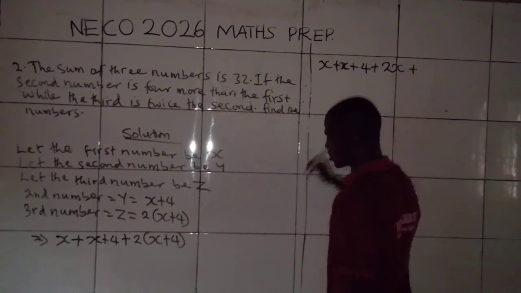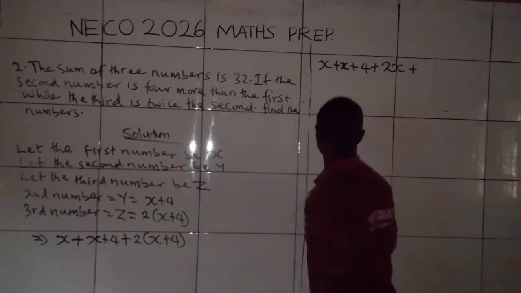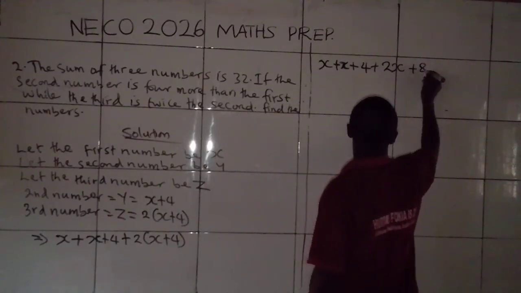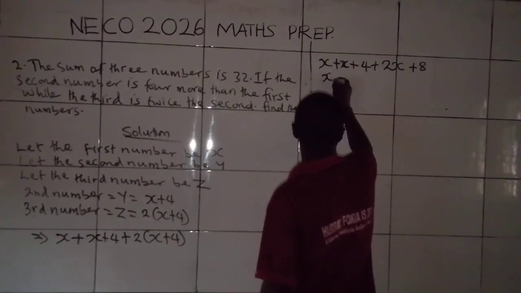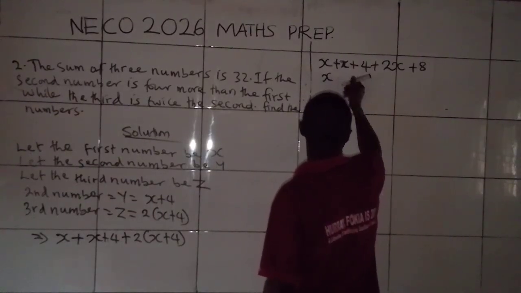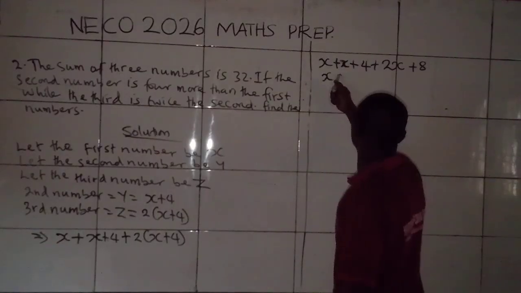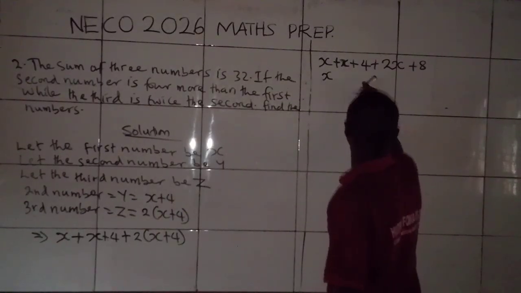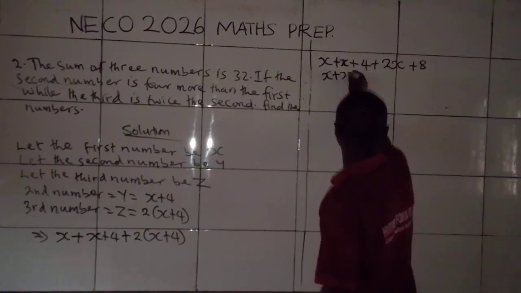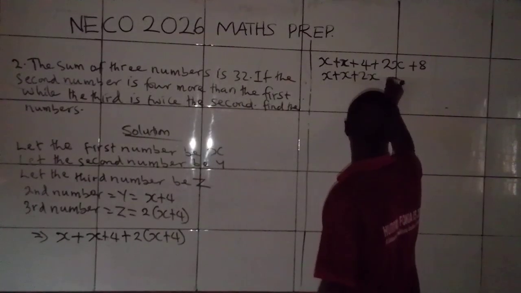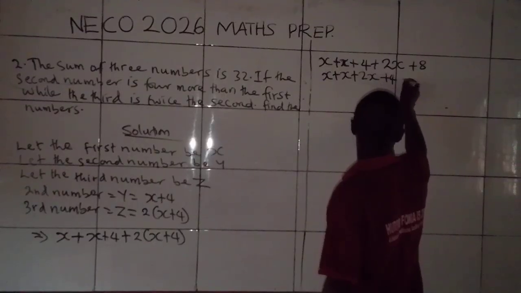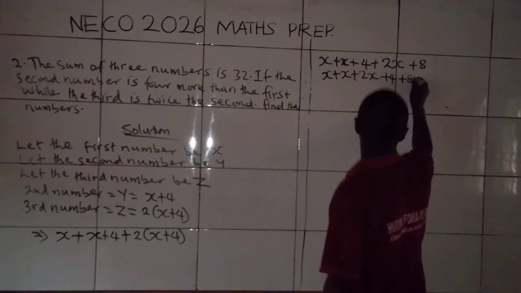Then by the time we multiply 2 times 4, we have 8. So we now have x plus x plus 2x, then plus 4 plus 8.